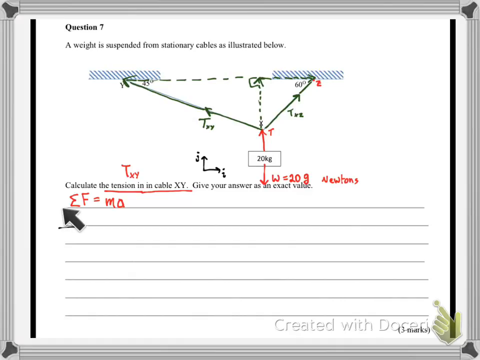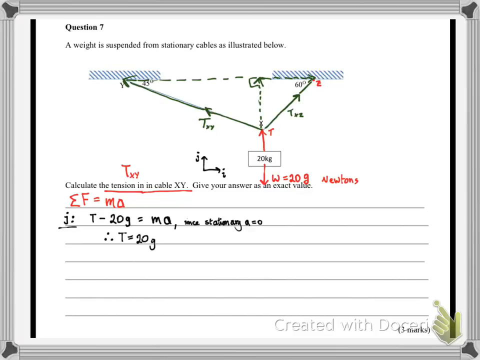Alright, so let's look at the sum of all our forces. First off, the j direction. What are the forces acting on the mass, our 20 kilograms, in the j direction? Okay, we've got a positive tension force, and subtract 20 g of weight force equals mass times acceleration. Okay, the acceleration is 0 because it's stationary.